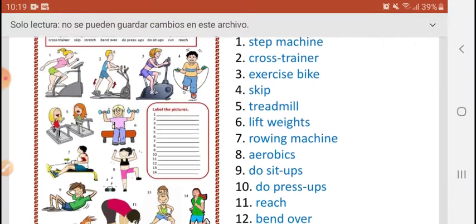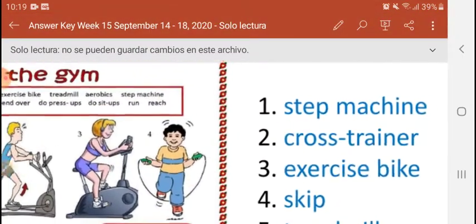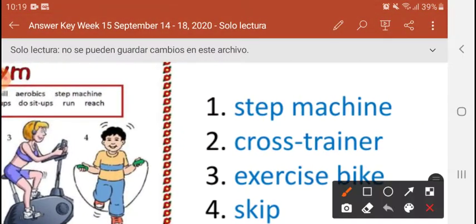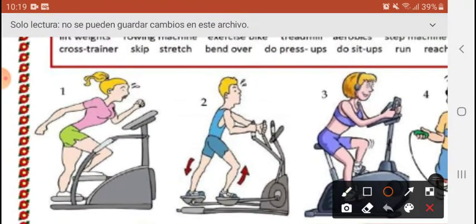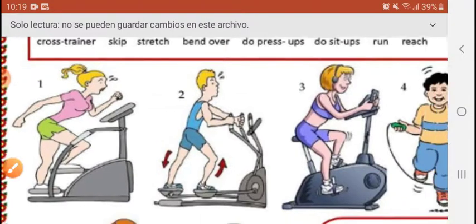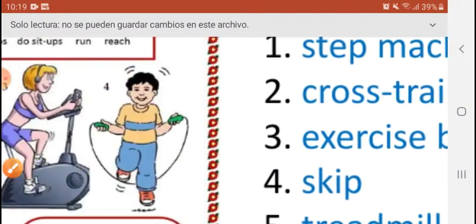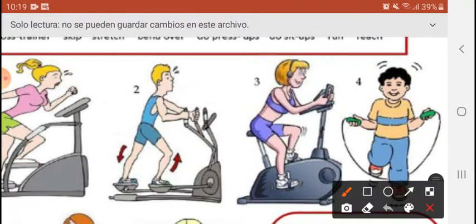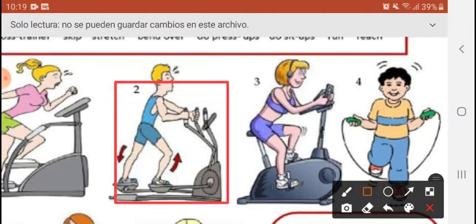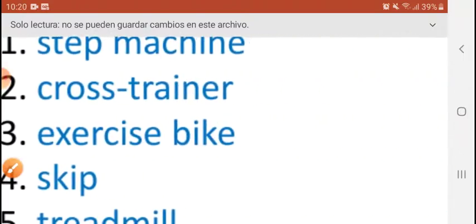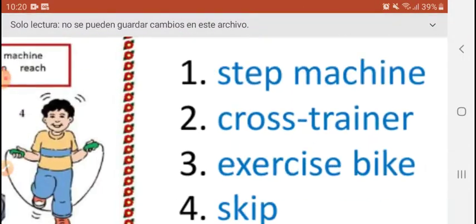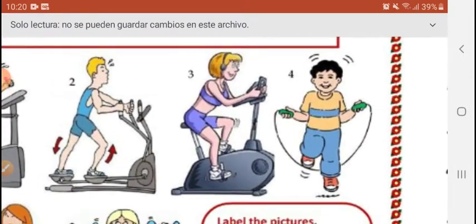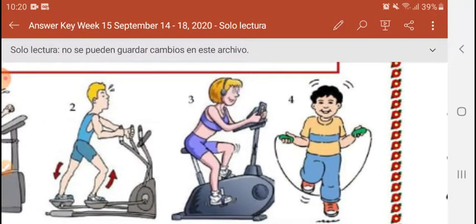Let's try to learn the vocabulary over here. Listen and repeat. Step machine. Number 2, cross trainer. Number 3, exercise bike.